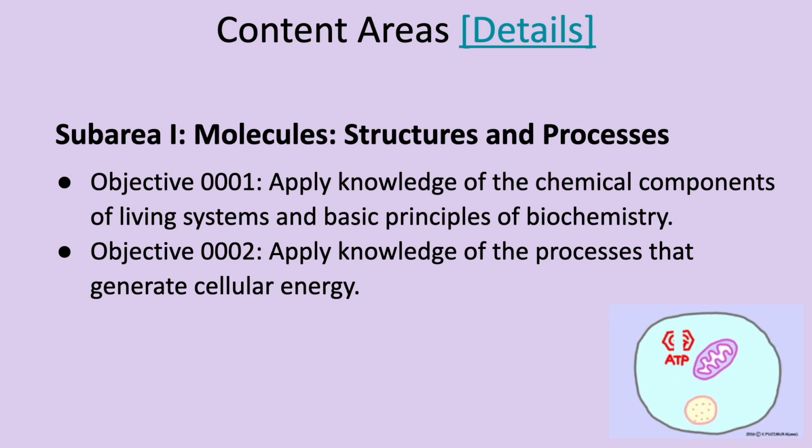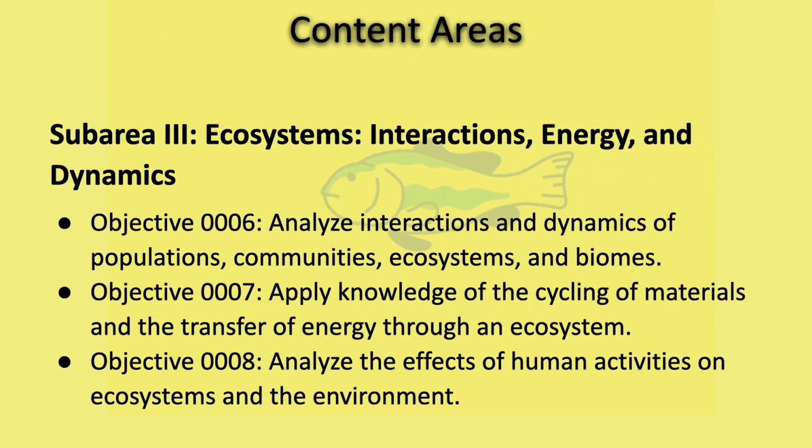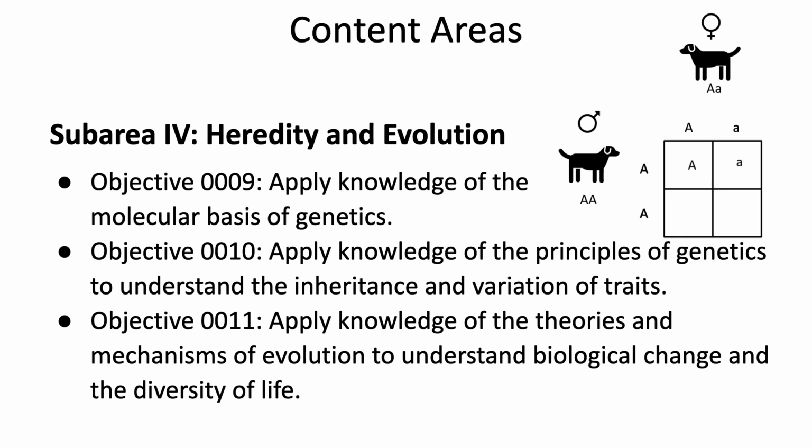But in general, we're going to be looking at the chemistry of life, metabolism, cellular metabolism, cell structure and function, putting those together into tissues, right, how the tissues work in humans for anatomy and physiology, building up beyond organismal biology into life coming together, into ecosystems and the flow of energy through ecosystems, and the effects that humans have on ecosystems. And also looking at genetics, heredity, and evolution.